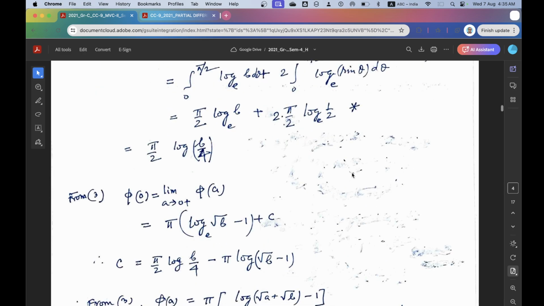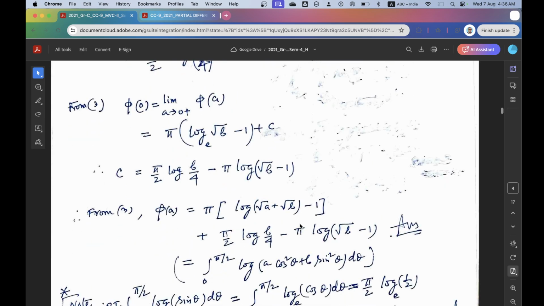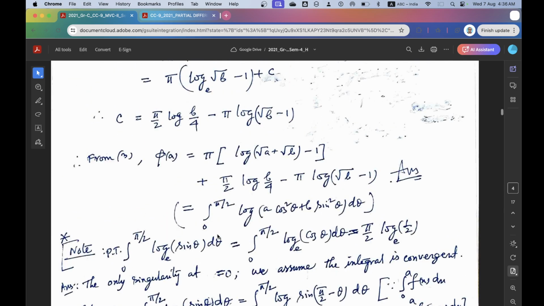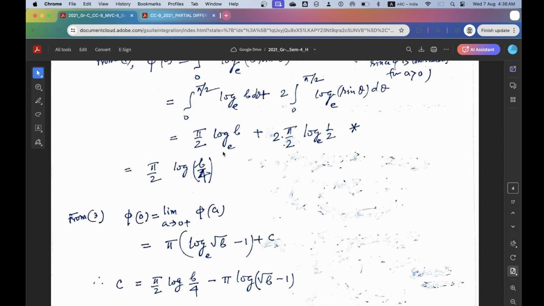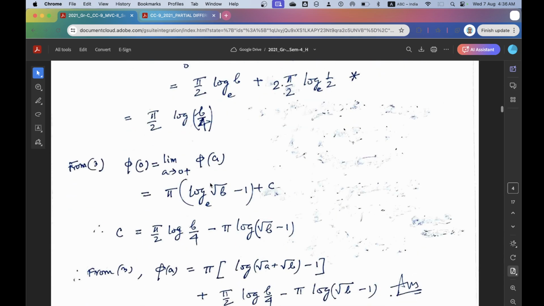This star notation is because we calculated this integration in the note. So pi by 2 common, log b plus log of 1 by 2 whole square. So this is 1 by 4. So log of b by 4 here.